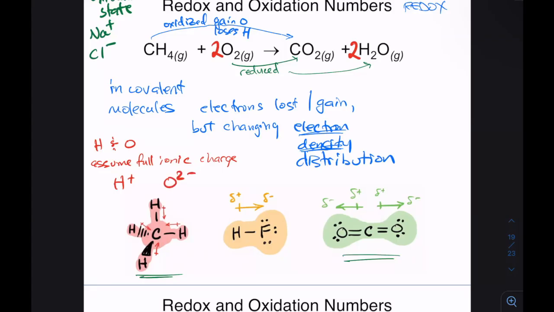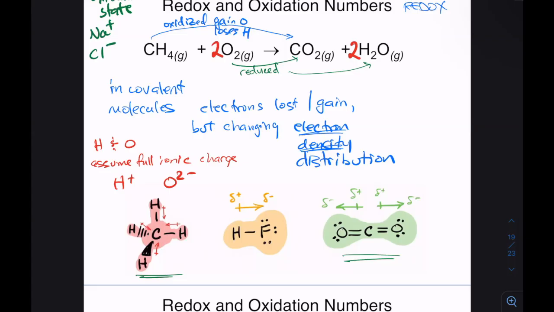Now, that's not what's happening here. These are not ionic compounds. These are covalent compounds. So the oxygens in here aren't the 2- oxide ions in a covalent bond, okay? But let's pretend that it is. Same is true for the hydrogen, okay?